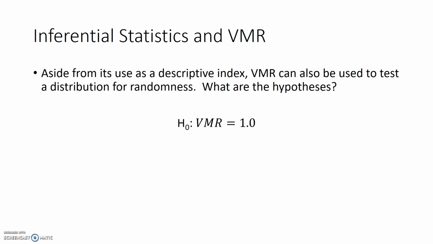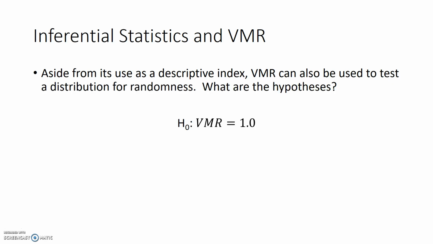Well, our null hypothesis is that our VMR will equal 1. Remember, it's all about equality when it comes to a null hypothesis. Remember, 1 is the VMR value that we said is going to be approximately a random distribution of points.